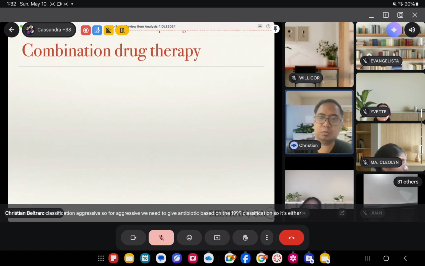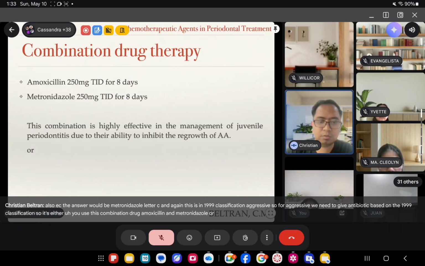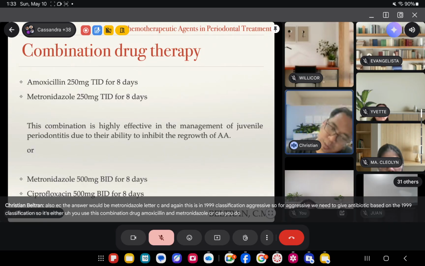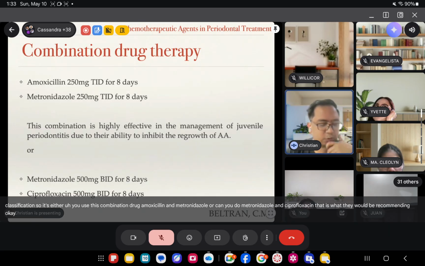So either you use this combination drug, amoxicillin and metronidazole, or metronidazole and ciprofloxacin. That is what they would be recommending. Okay, metronidazole is bactericidal, right?